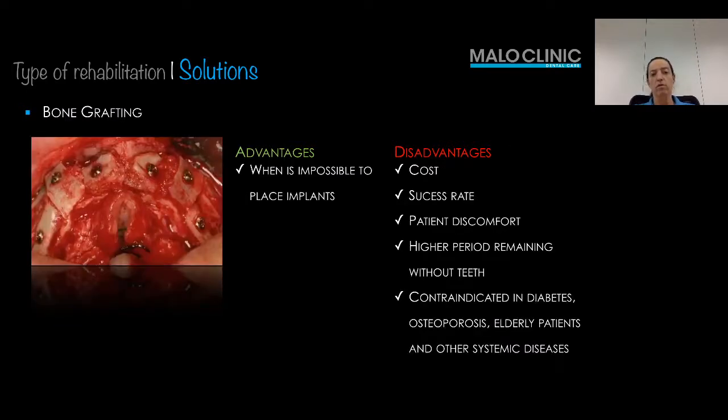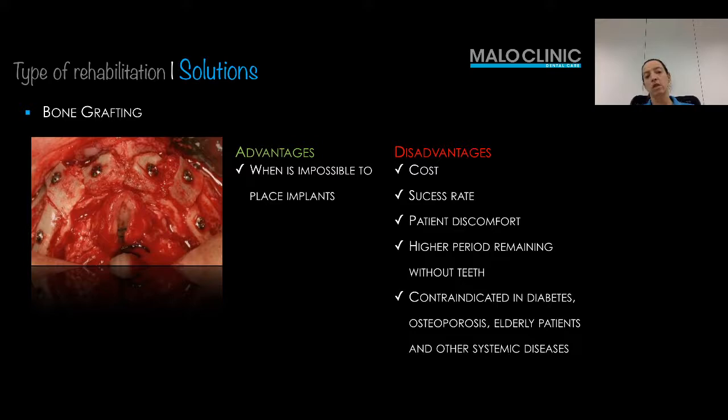When we talk about bone grafting, of course, this is a possibility when you don't have a lot of place to place the implants, when it's impossible to place the implants. So you create with the bone grafting a possibility of placing standard implants in the maxilla.